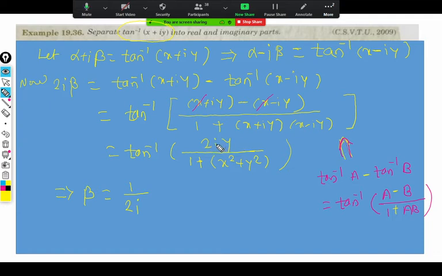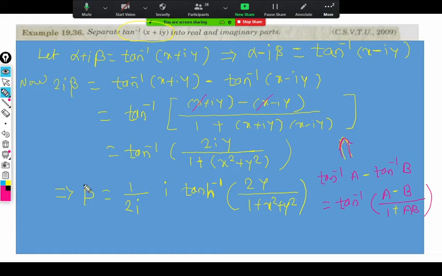If you want to take this iota outside, we should write it as iota tanh inverse of 2y divided by 1 plus x square plus y square. So circular is converted to hyperbolic. This is one more thing you should know: if you want to take iota outside, tan is an odd function, so iota will come out and circular is converted to hyperbolic.